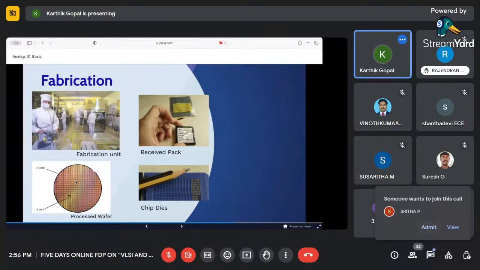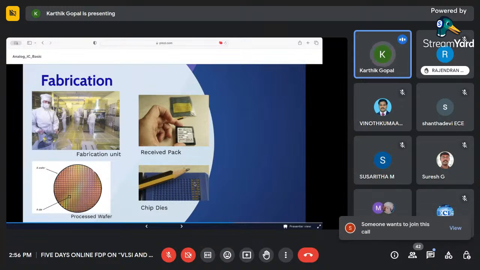So they cut it. So how do you receive the packet? The received packet looks like a matchbox. If you open the matchbox from the industry, the chip looks like this, top, bottom, right. It is more or less the size of the tip of a pencil, depending on the functionality, but usually it looks this small.